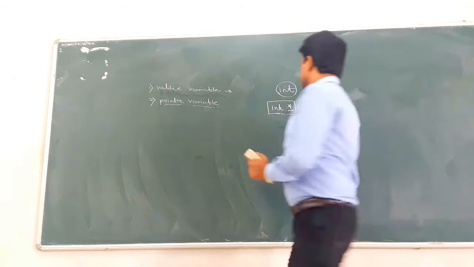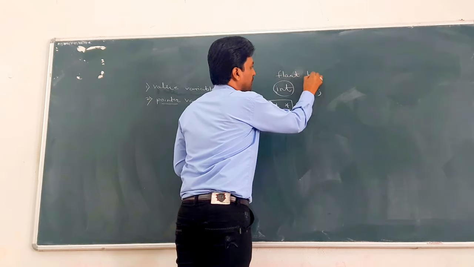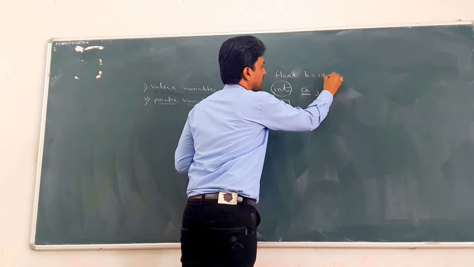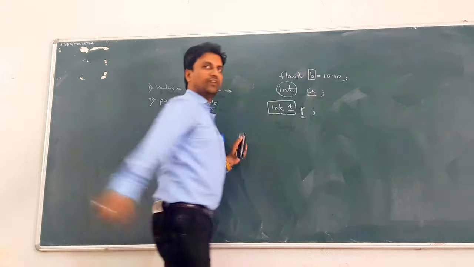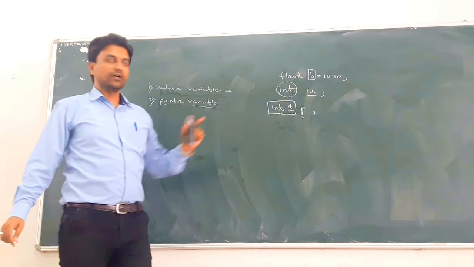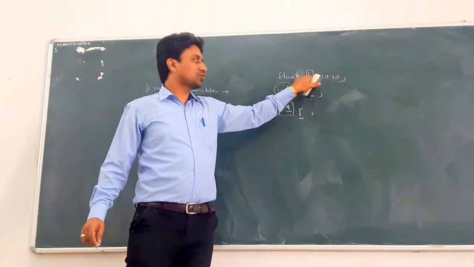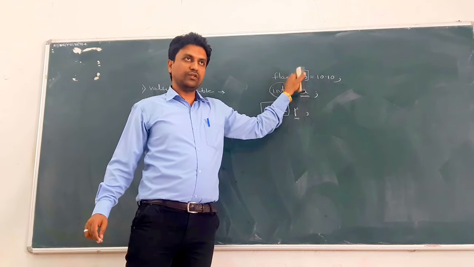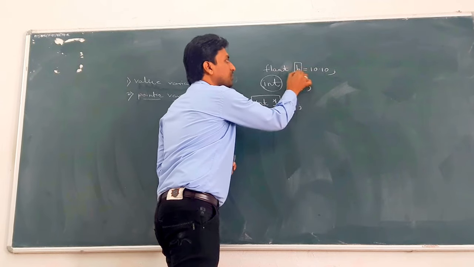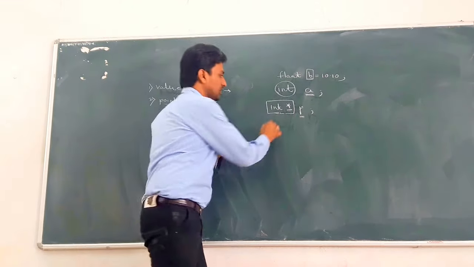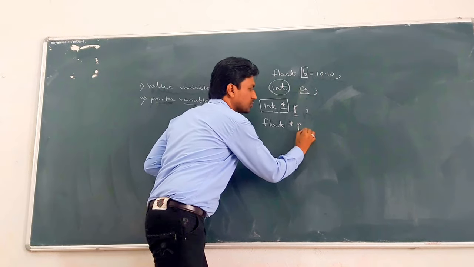Understood? Suppose float b = 10.10; this is a float value and b is a value variable of type float, meaning it stores a float type of value. Now to store the address of b we use a float pointer, suppose p1.